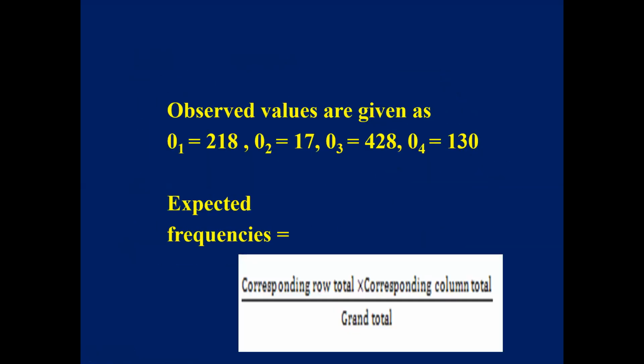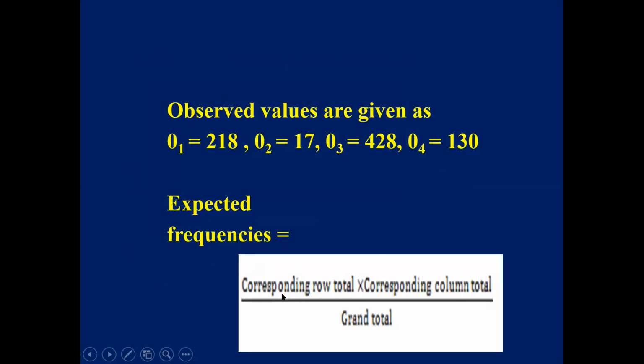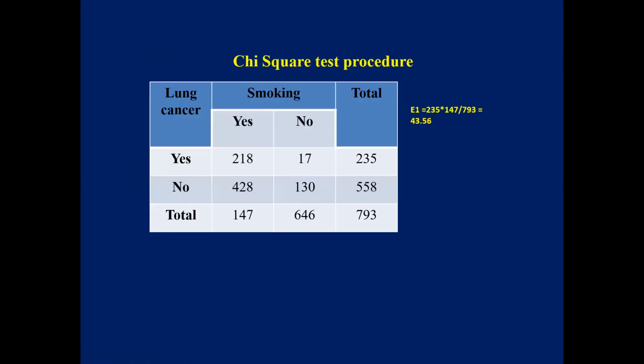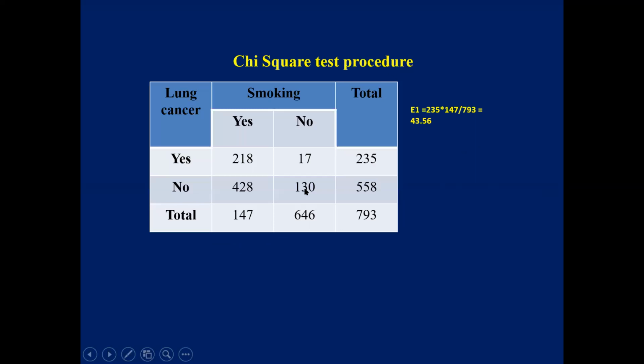So now we have to calculate the expected frequencies. There's an equation for that: row total multiplied by column total divided by grand total. That's how we calculate the expected frequency. You can see the observed frequencies are 218, 17, 428 and 130. Since the equation says the difference between observed and expected, divided by expected, we have to calculate the expected frequency.